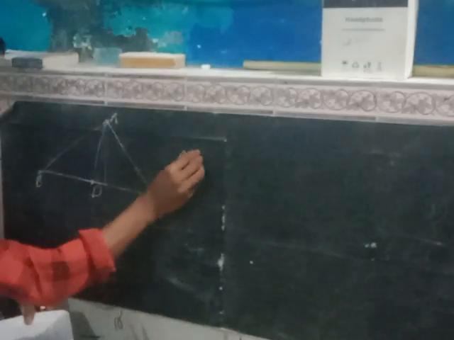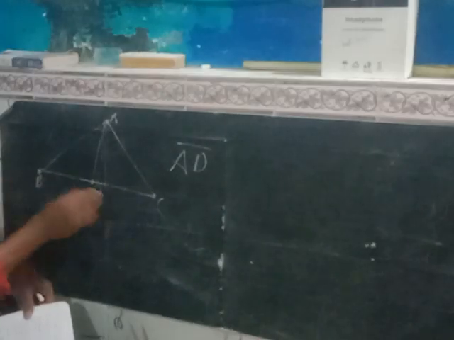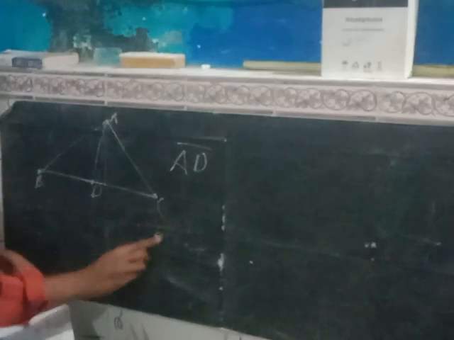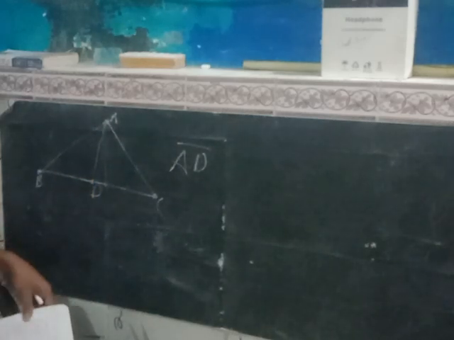I think it can be a definition like: median of a triangle, the line segment AD, this line segment AD joined at the midpoint of BC, this line segment BC. I don't think it is in between, but it has to be at the midpoint of line segment BC to its opposite vertex A.